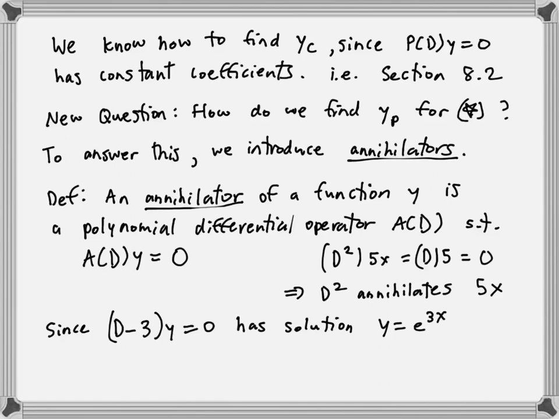I'm just putting a 1 in there for now. But think about what it means. For this to be a solution, this means that D minus 3 annihilates e to the 3x.